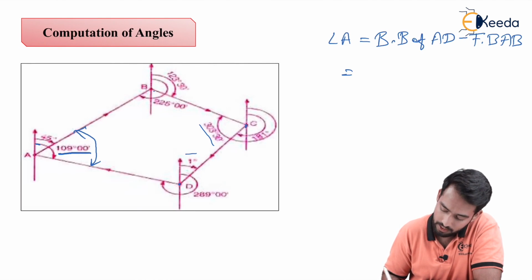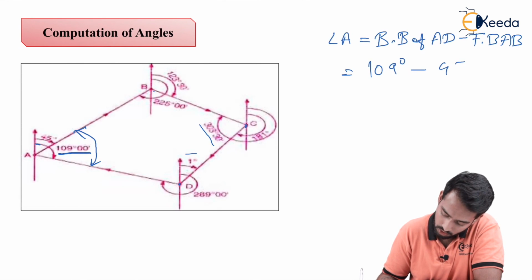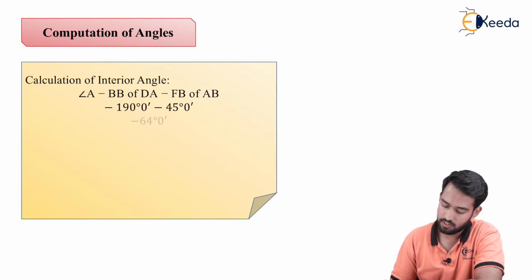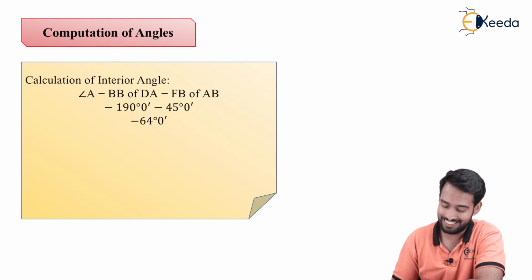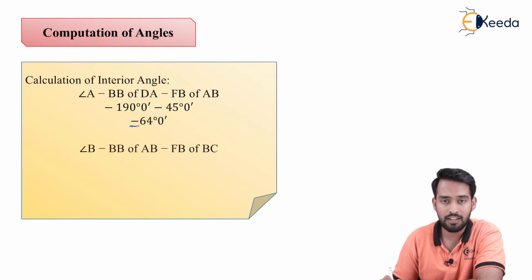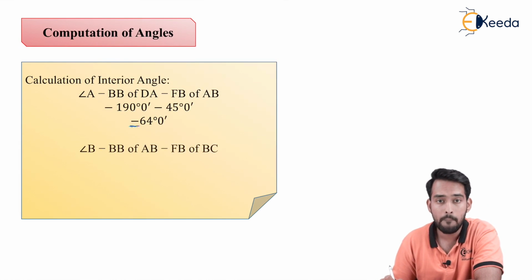We have to subtract forebearing from backbearing. This will give us the answer, as we can see in this solution, 64 degrees.